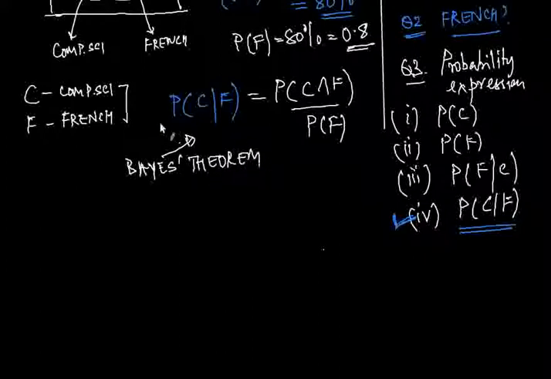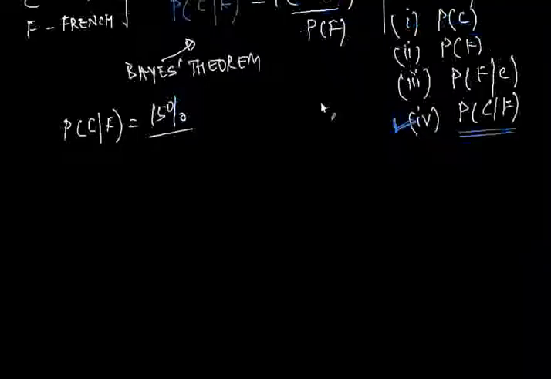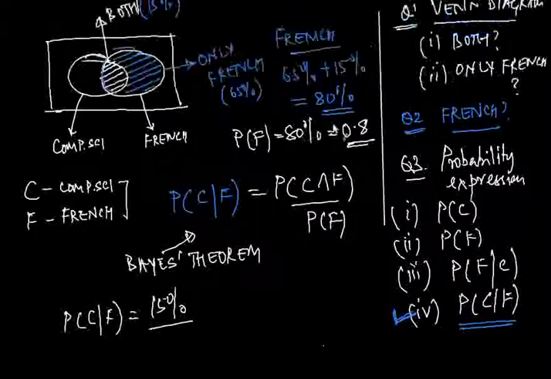Now, do we know everything on the right hand side to calculate this value? Well, turns out we do. We know that 15% of the students study both computer science and French, so the probability of a student studying both subjects is 15%. And the probability that a student studies French we found out over here was 80%.